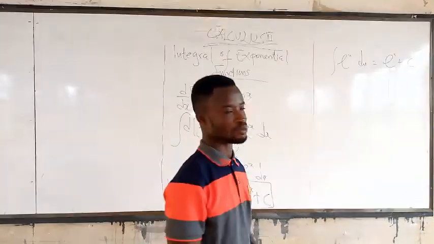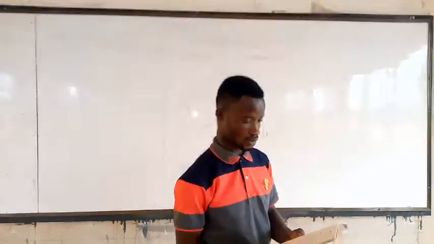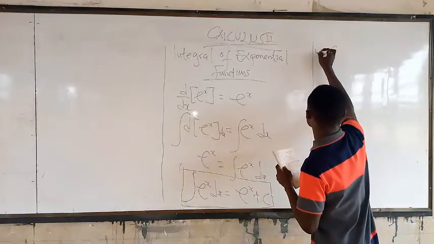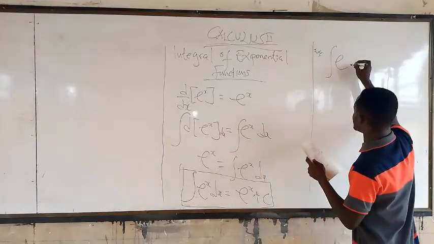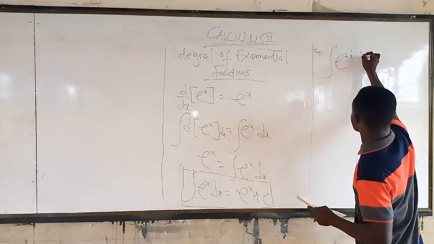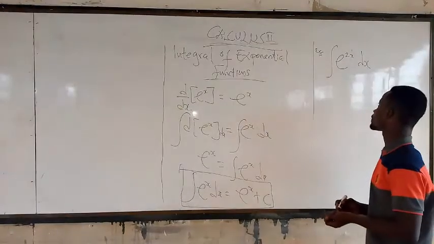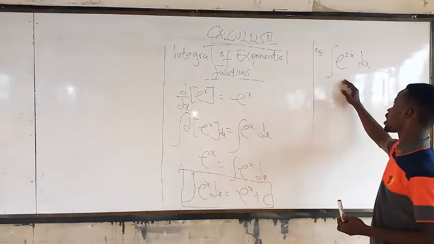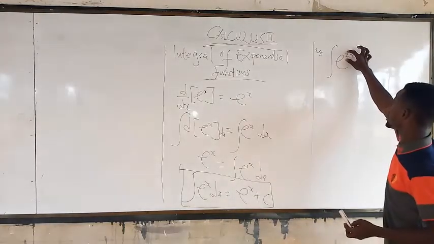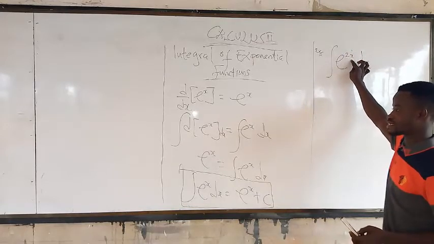Don't worry, let's look at this example. We have the integral of e to the power 2s ds. If you have e to the power 2s ds to integrate, first of all, note that the power here is not just x.